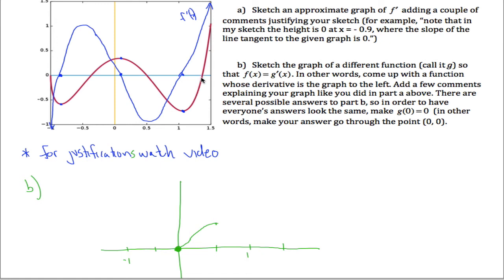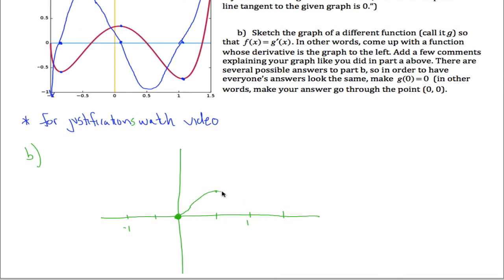And then it's decreasing until I get all the way over here. It's decreasing slowly at first, but then pretty fast when we get a little bit past 1. And then when I get just past 1, it's still decreasing until I get over here to 1.3 or so, but it's decreasing less and less fast.